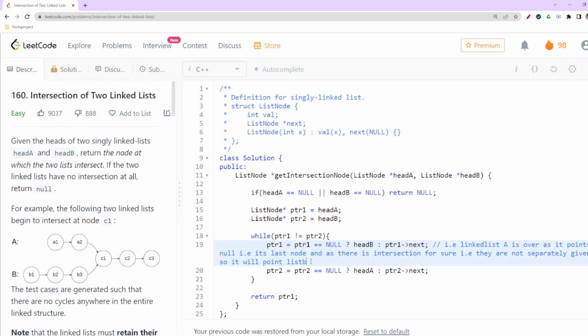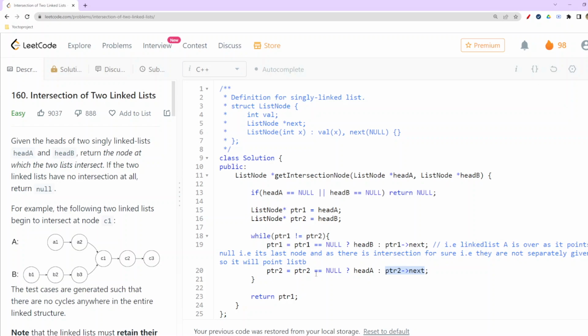And when we get to this particular point, and then next this one would be there, then we will see if it is null or not. If it is null, then we will be pointing towards head A, the same logic which we used in our list one, else we would be moving ahead.